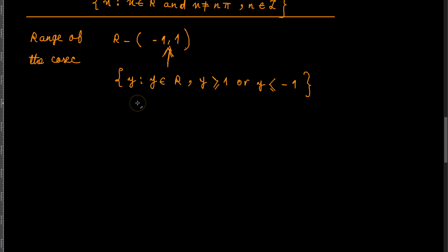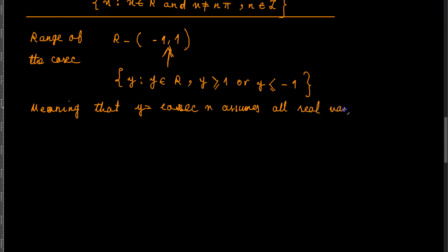So y equals cosecant x assumes all real values except those with -1 less than y less than 1, and is not defined for integral multiples of pi.